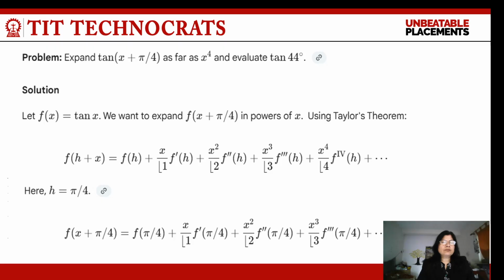That is f of h plus x is equal to f of h plus x by factorial 1 f dash h plus x square by factorial 2 f double dash h plus x cube by factorial 3 f triple dash h plus x to the power 4 by factorial 4 f fourth h plus so on. Here h is equal to pi by 4. So we put the value of h is equal to pi by 4.